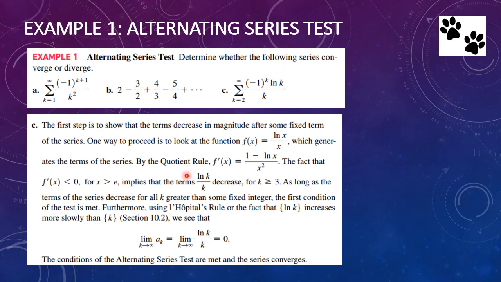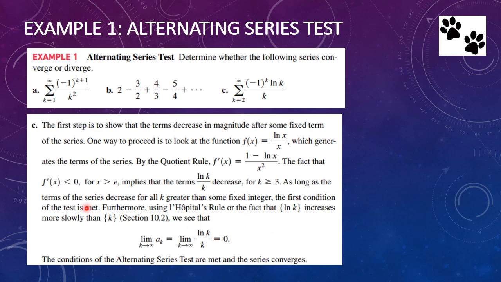By the quotient rule, if we take the derivative, in order for these terms to become smaller, the derivative, which represents the slope, needs to be negative. The fact that the derivative is negative for x greater than e implies that the terms, the natural log of k over k, decrease for k greater than or equal to 3.